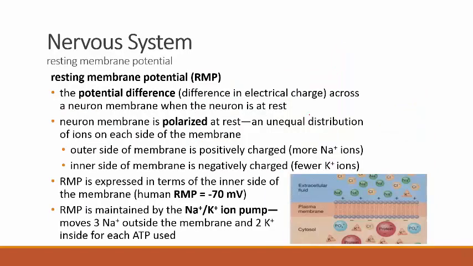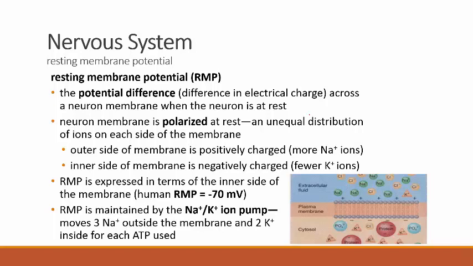So, all right, now I'm going to talk a little bit about what happens at the postsynaptic cell when neurotransmitter is released. And in order to have that conversation, we need to talk a little bit about what's called the resting membrane potential.